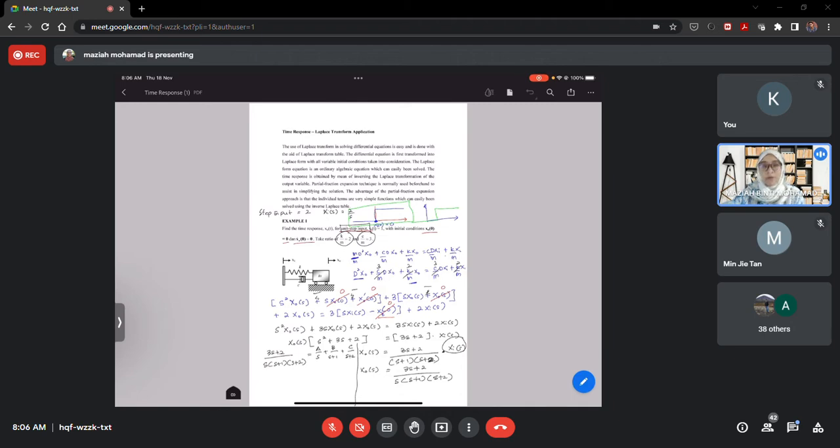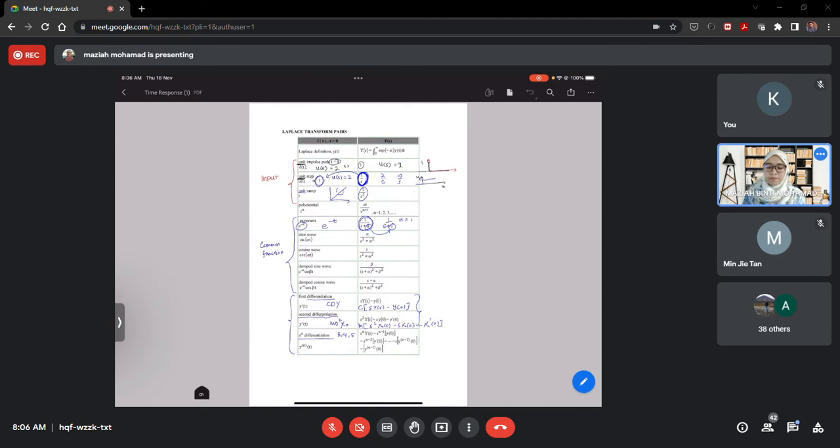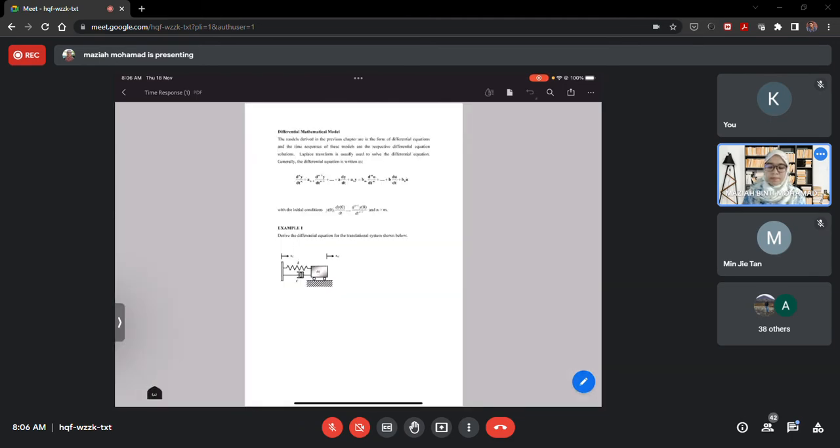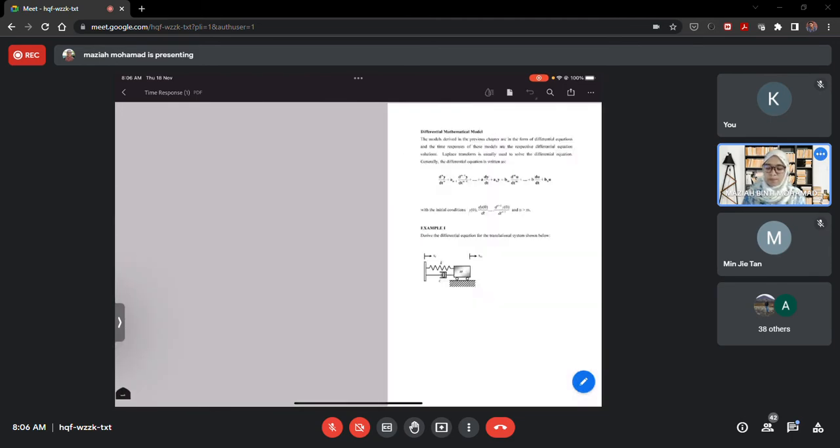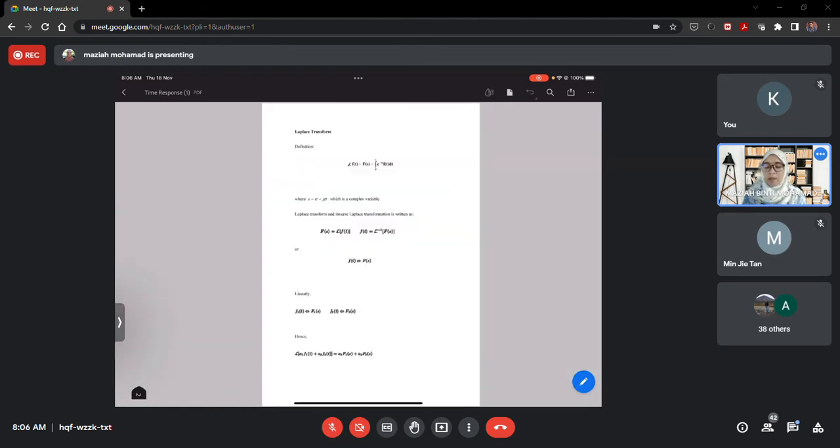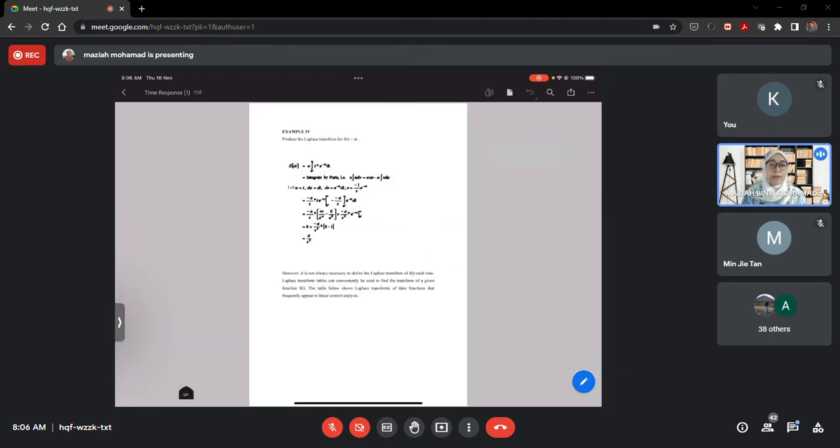After we apply the input, we do the partial fraction decomposition. I have shared the partial fraction table, where you can convert a function into partial fractions.